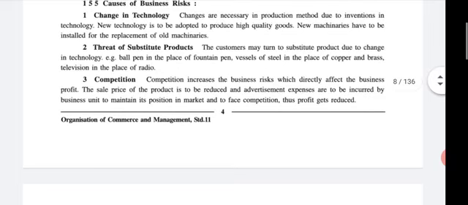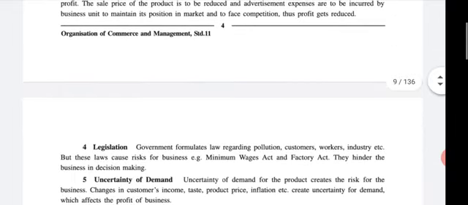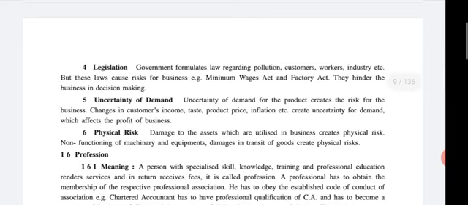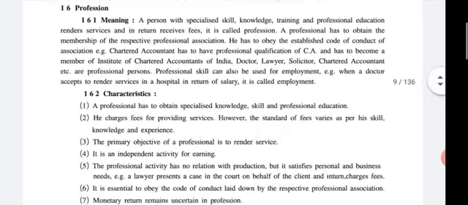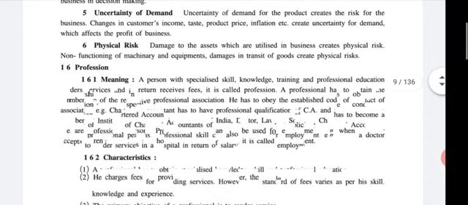So, here we just revise the head points of all the topics, and I hope you all learn with revision. Then the third topic is competition, fourth is legislation, fifth is uncertainty of demand, and sixth is physical risk.